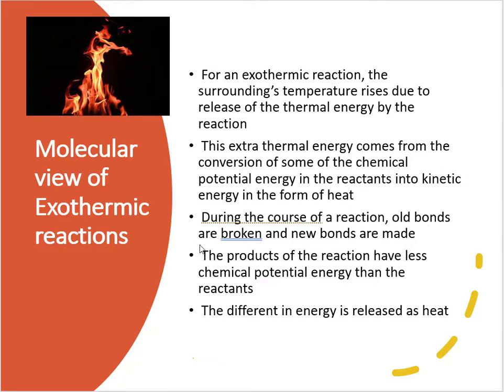That happens when old bonds are broken and new bonds are made, and the products of that reaction have less chemical potential energy than the reactants. Remember, in an exothermic reaction, my reactants have high energy and my products have a lot lower energy. It gave off heat. That difference from where I started to where I finished gave off heat. That's a negative delta H.